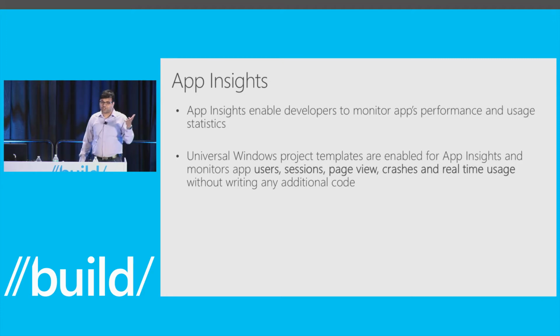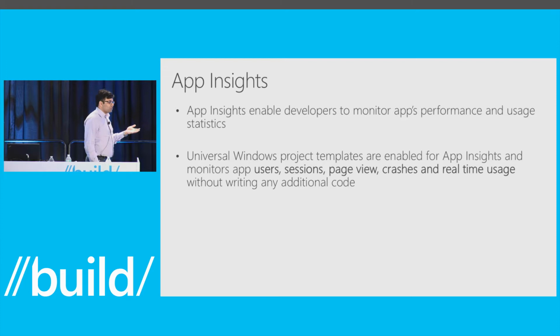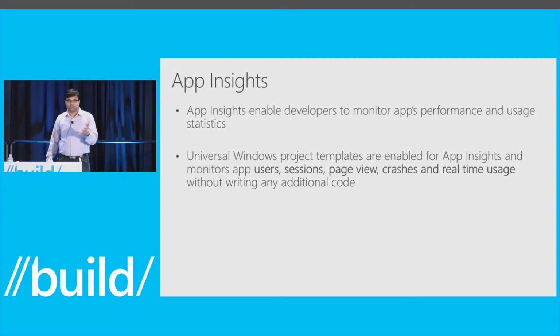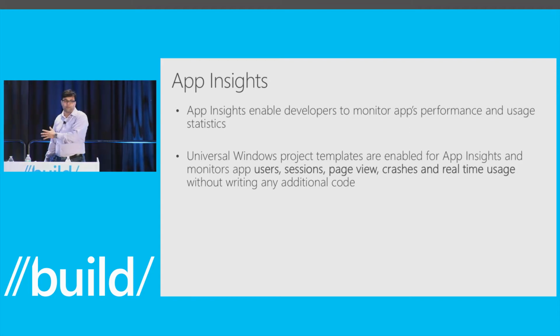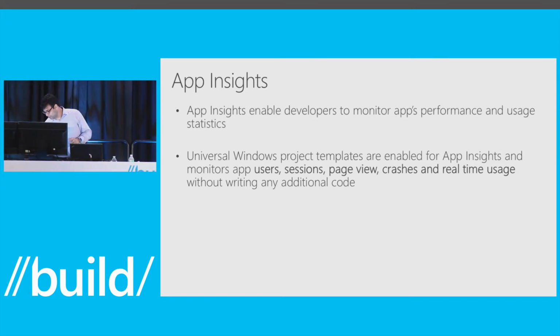If you have crashes in your app, it will give you the stack trace information about those crashes and all the real-time usage of your application. Which countries your application is being used in, what kind of devices your app is running on, what are the resolutions for these devices. All this information, you will get for free without writing a single line of code using App Insights. So let's actually take a quick demo of that.